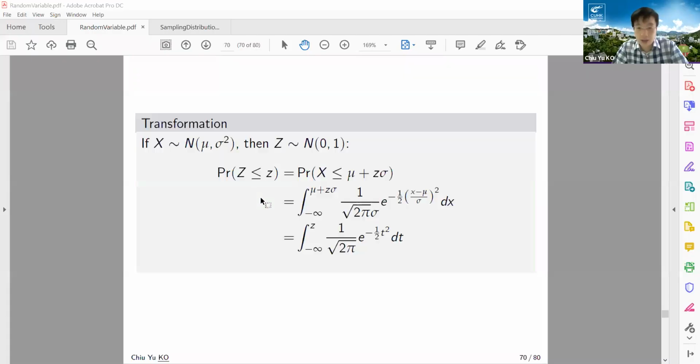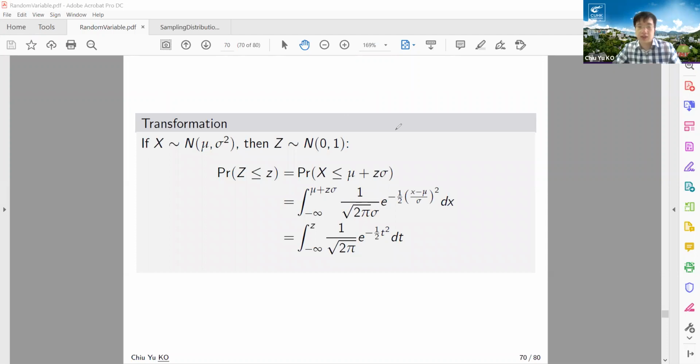If there's no further question, I will just briefly go over some of the proofs. I just highlight the key steps for those who know calculus, because calculus is not a prerequisite.